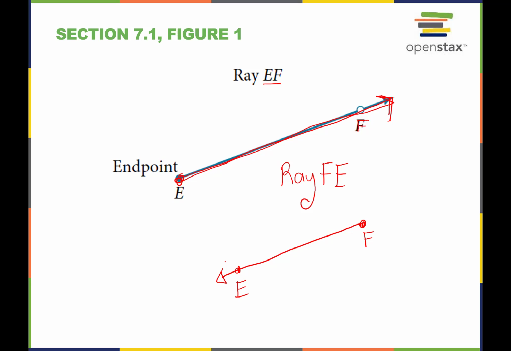You should not have arrows pointing in both directions. So for ray FE, I start at F, which is our endpoint, and then we come out in the direction of E.